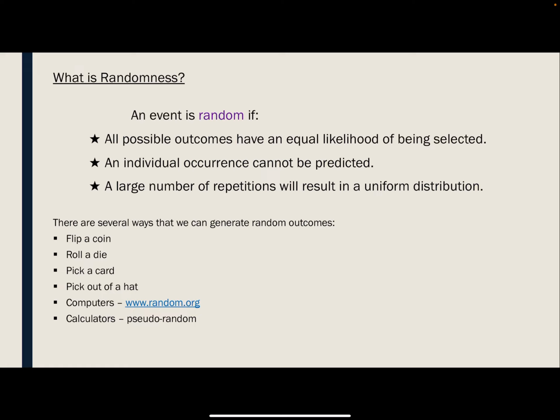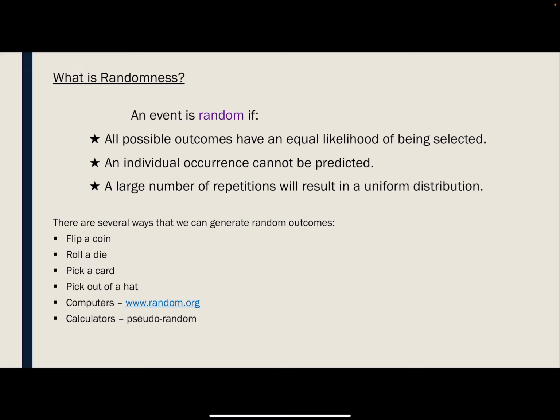The second thing, an individual occurrence cannot be predicted, right? If I roll the die and get a 5, and I go to roll the die again, I can't predict what I'm going to get next. I can guess, but I can't predict. And it doesn't matter that I rolled a 5. Whatever I rolled before has no bearing on what I'm going to do next when I roll a die.